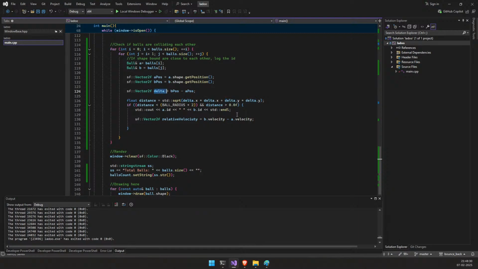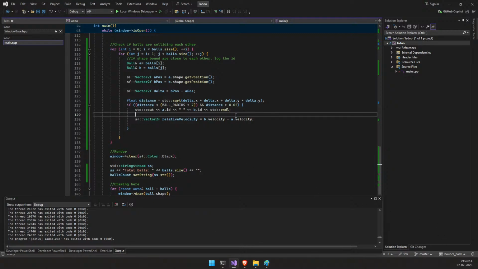So here we have delta and here we have distance. We need to just calculate the normalized direction vector pointing from B1 to B2.